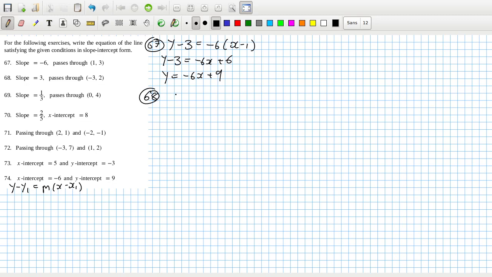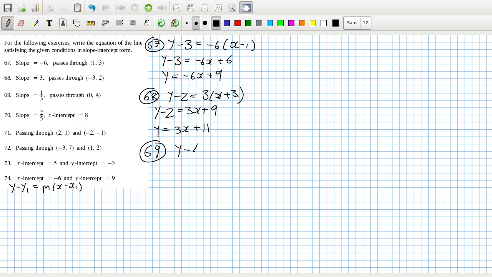68. Y minus 2 equals 3 times x minus minus 3. Y minus 2 equals 3x plus 9. That's y equals 3x plus 2. 69.